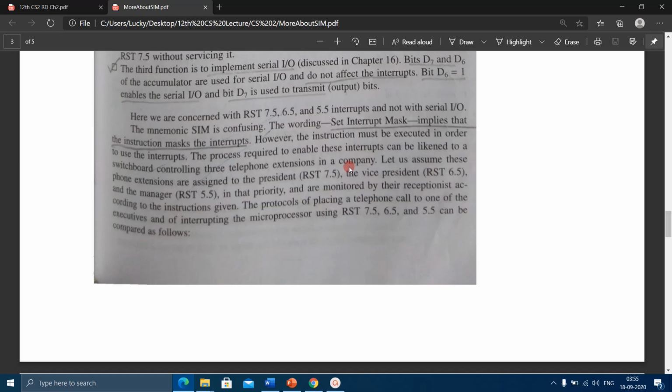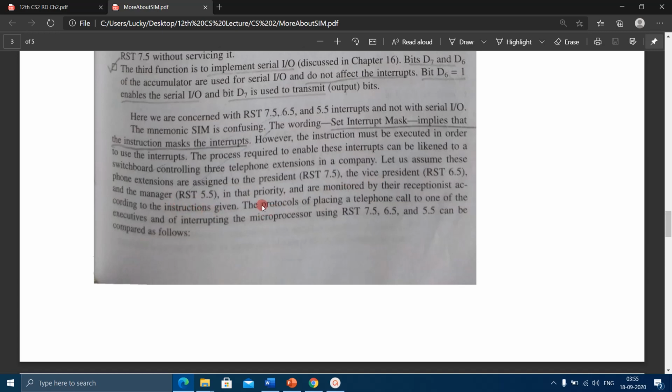Let us assume the phone extensions are assigned to the President 7.5, the Vice President 6.5 and the Manager 5.5. The President has the highest priority, then the Vice President has the next priority, a little lower than the President, and the Manager is a little lower than the Vice President.